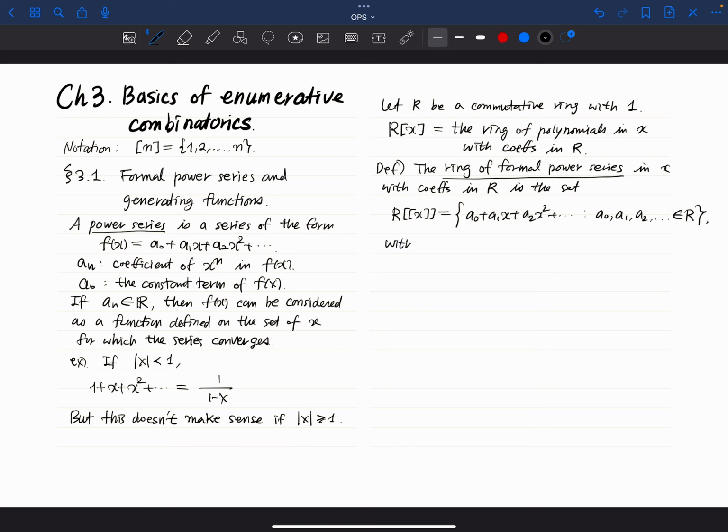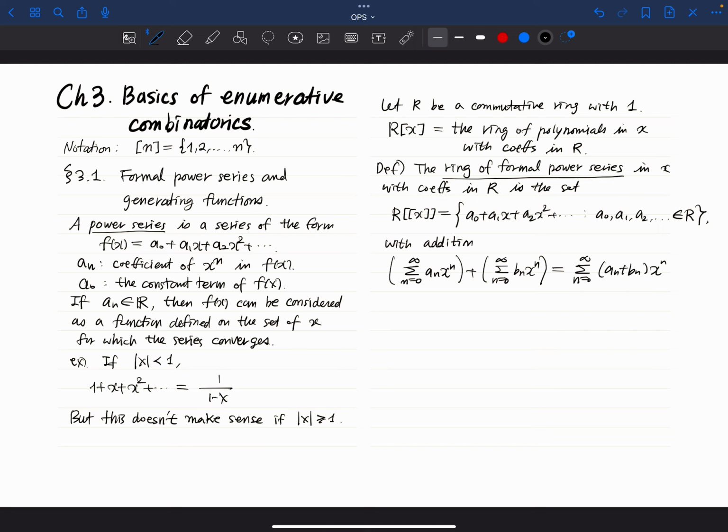With addition, so a power series, sum from n equals 0 to infinity of a_n x to the n, we have one formal power series and another formal power series like that. Then we can add them. The definition is we just add coefficient-wise like this.